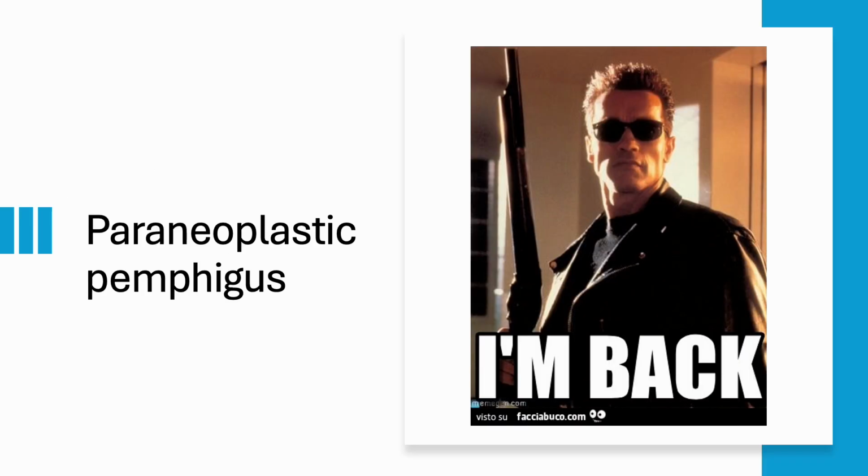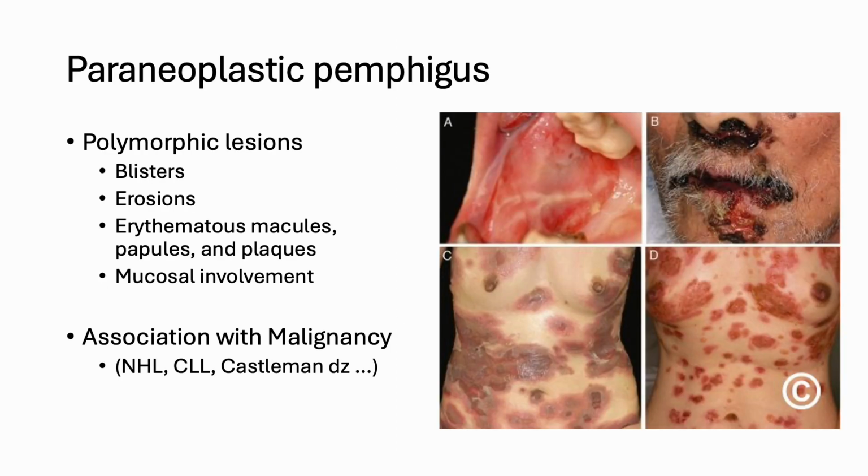Now, we are back for the paraneoplastic pemphigus. In the paraneoplastic pemphigus, the lesions can show polymorphic features, from the blister disorder and erosions, as we can see in the pemphigus vulgaris, to erythematous macules, papules, and plaques, as we can see in the urticarial phase of BP.